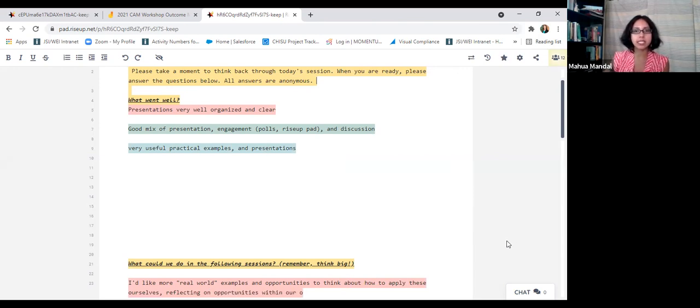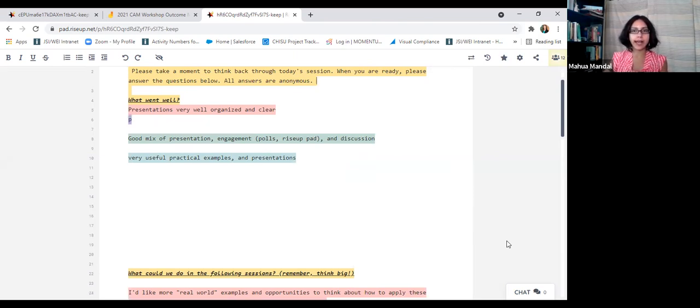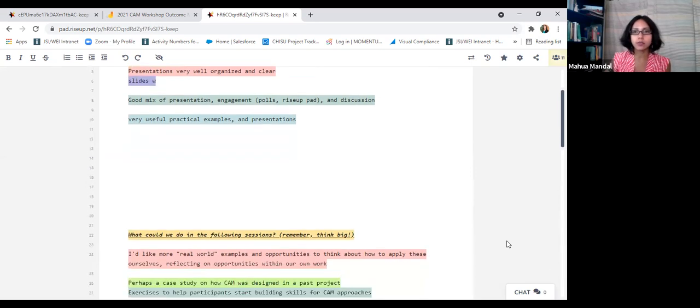It's a good mix of presentations and engagement: the polls, the Rise Up pad, and discussion. So those are things we did try to think last time of how to make the sessions a little more interactive. It can be, of course, challenging because it's online. Someone mentioned that they're useful practical examples.